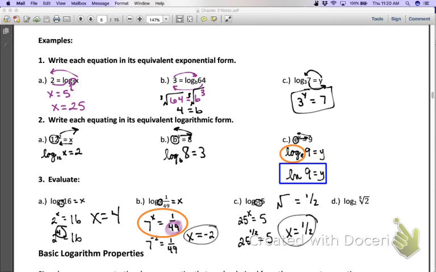Last one, if we have a fraction, or excuse me, a square root. So now this is to the 5th root. So basically what this is saying is that we have log base 2 of 2 to the 1/5 power.